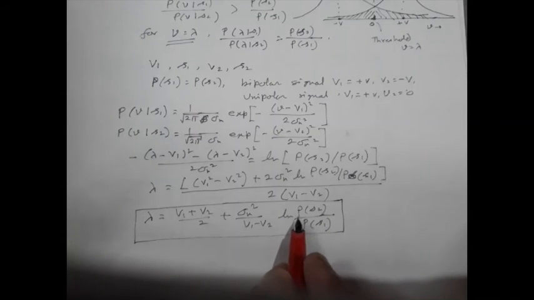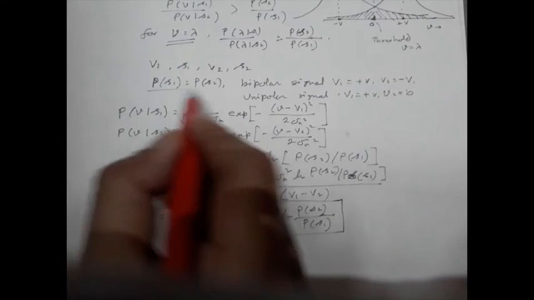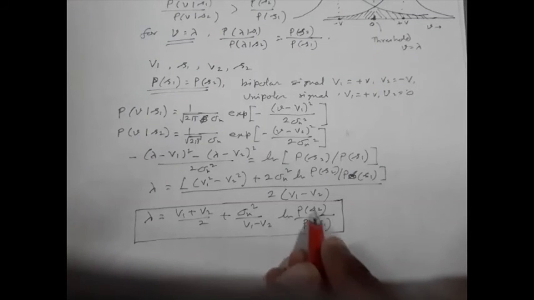Now according to the problem, we have to take P(S1) equal to P(S2). So if you put P(S1) equal to P(S2), the second term vanishes. So we get lambda equal to (V1 plus V2) by 2.